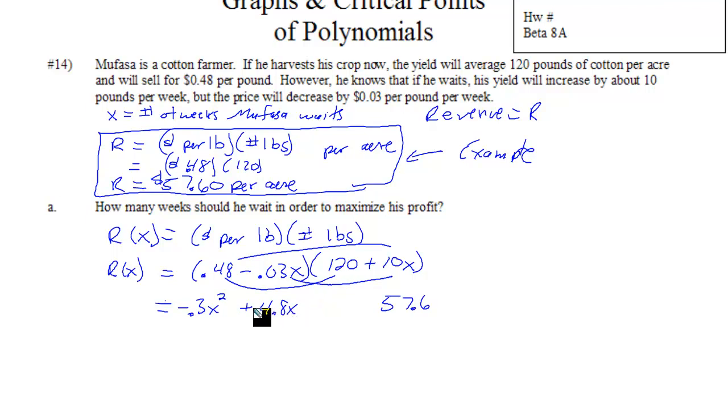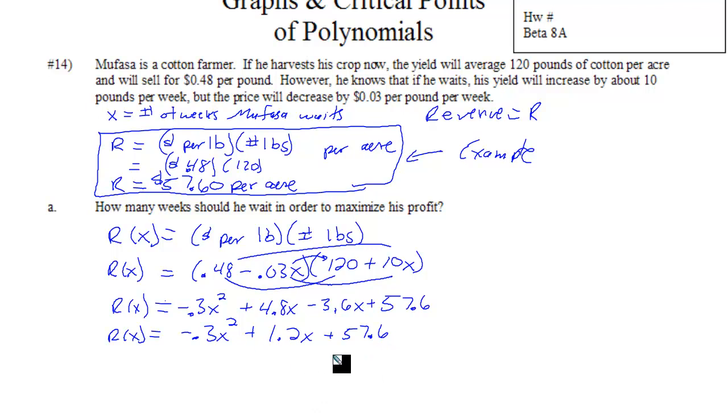And what's left? I'm going to need to multiply 120 times negative 0.03, which gives me negative 3.6x. If I combine like terms, I get negative 0.3x squared plus 1.2x plus 57.6.